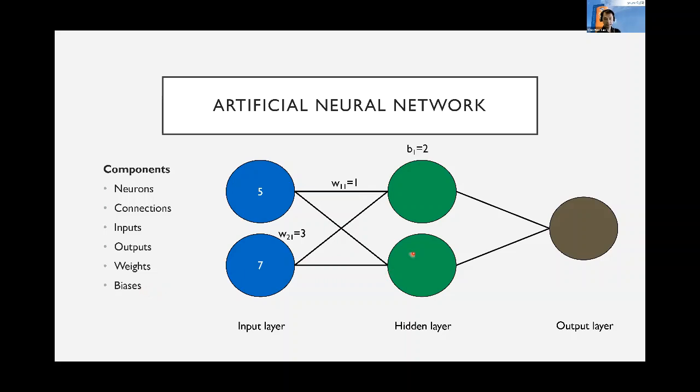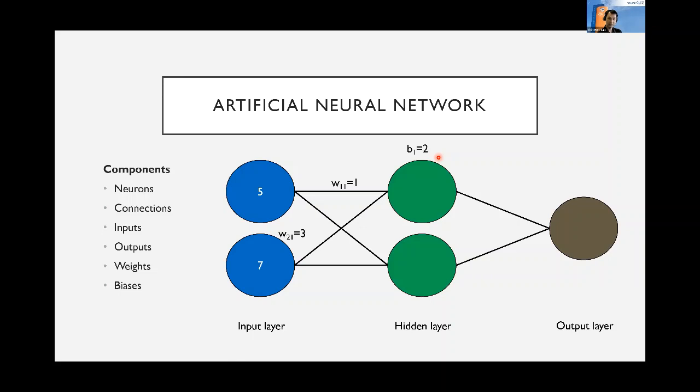Okay, and on top of just the connection weights, there's also going to be a bias value as well. The bias value is associated with each of the neurons in the hidden layer, and this neuron in the hidden layer is going to have a bias value of 2. Given the inputs, the connection weights, and the bias value, we are now ready to perform our calculations.